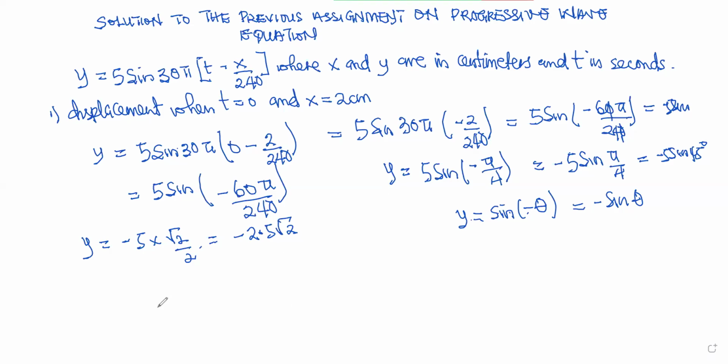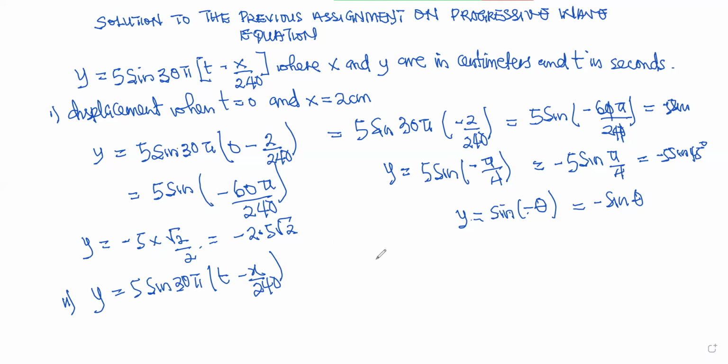Then the next question, find the wavelength. So using the same equation, y is equal to 5 sine of 30π times (t minus x on 240). Please, when I was marking this, I saw a lot of mistakes.